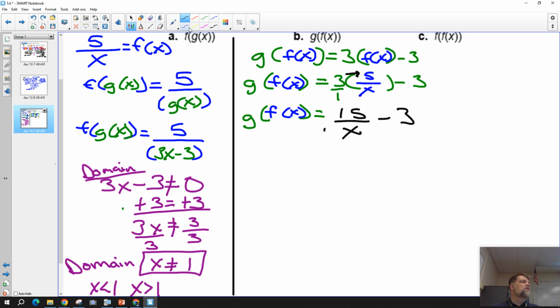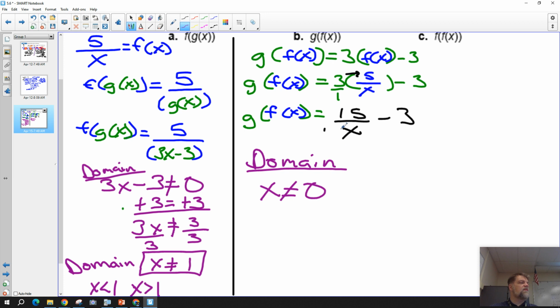But now we're asked to state the domain. And so, what is the domain? Well, the domain is all real numbers in most cases, but we only have two exceptions. One is you can't take an even root of a negative number. And there are no even roots, and you can't have 0 in the denominator. In other words, x cannot equal 0.